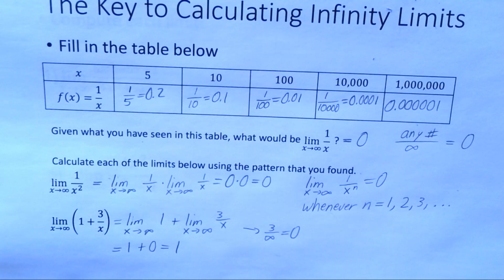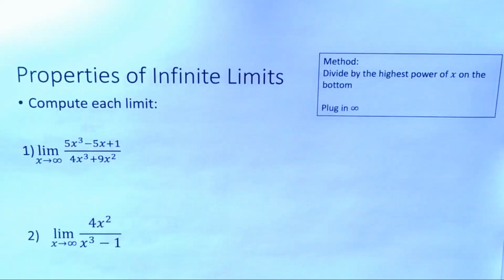So now, let's utilize these ideas to calculate some more complicated limits involving infinity. Okay, so when it comes to calculating infinite limits of rational functions, by the way, just to be clear, a rational function is any function that can be written as a fraction.